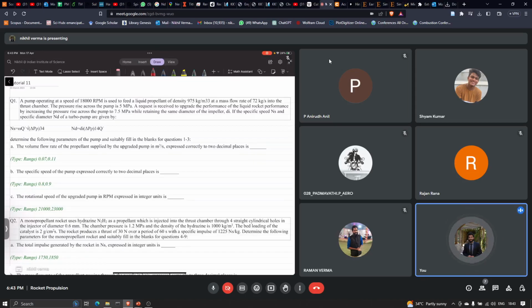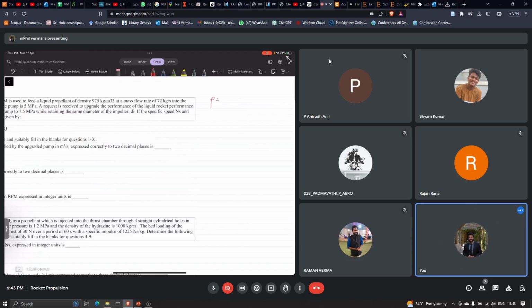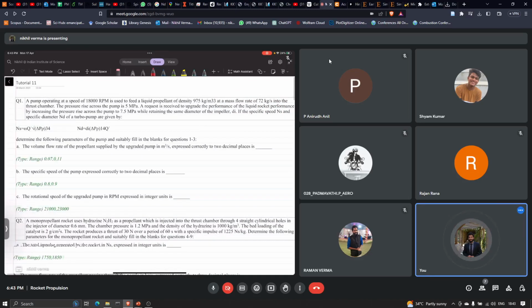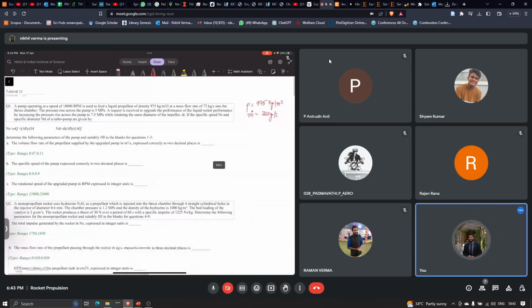It is operating at a speed of 1800 rpm, and is used to feed the liquid propellant of density 975 kg per meter cube, and has a mass flow rate of 72 kg per second, and it is fed into the thrust chamber.